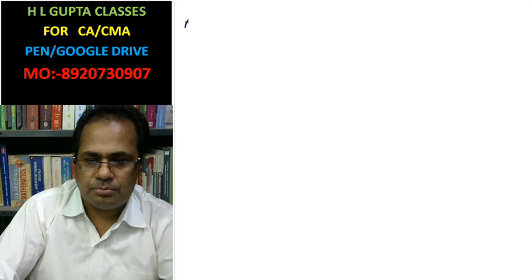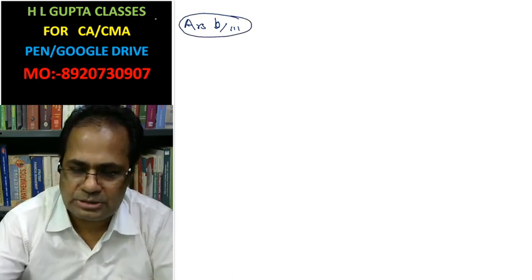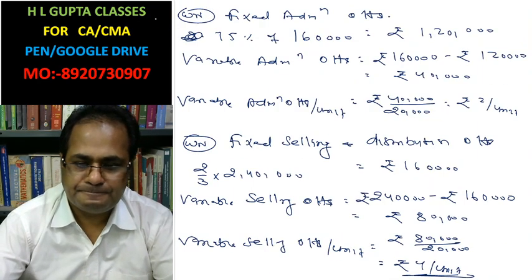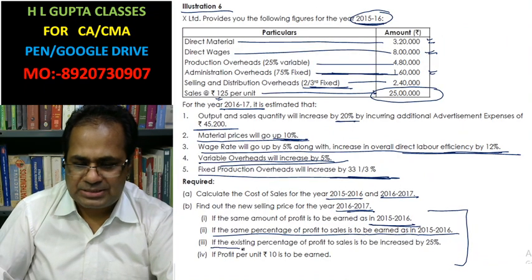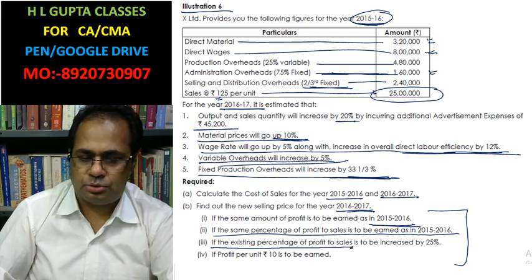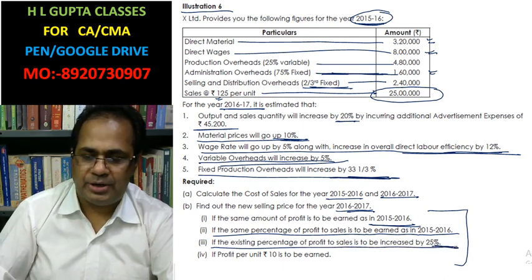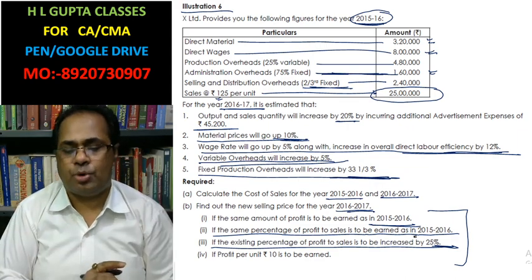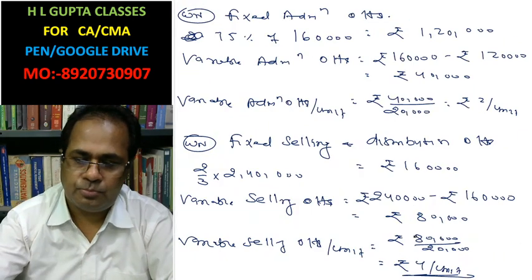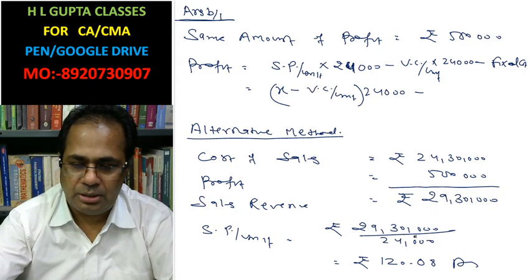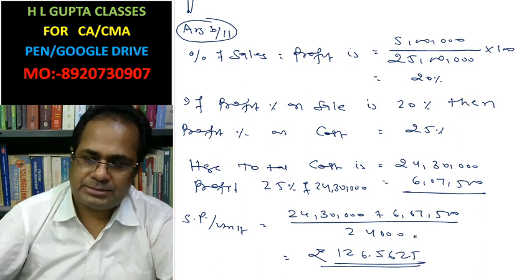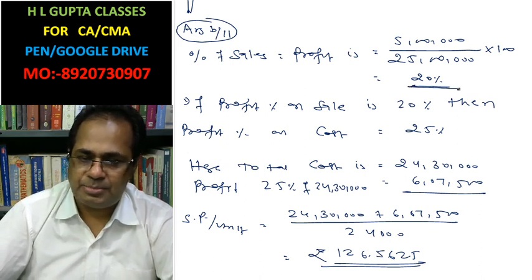Now answer of C part. Answer of B part for third. What information is given in this case? If existing percentage of profit to sales is to be increased by 25%. Existing percentage of profit to sale is 20%. This is increased by 25%.